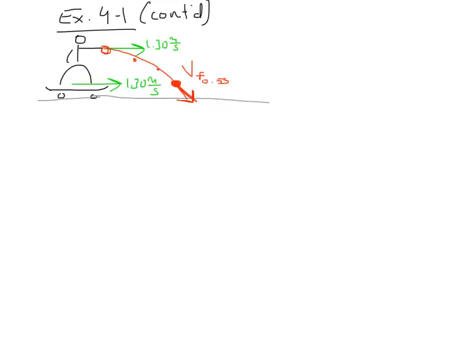What we can do is we can take that velocity and we can determine it by determining its x component, v final in the x at 0.5 seconds, and its y component, v final in the y. All right, that's what part C of example 4.1 is asking.